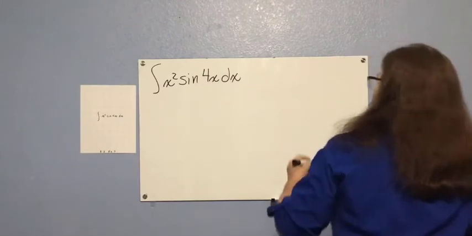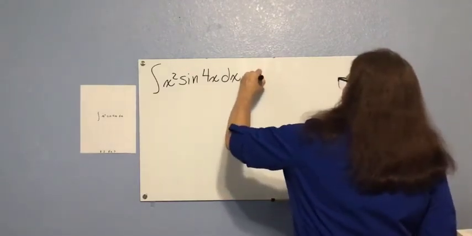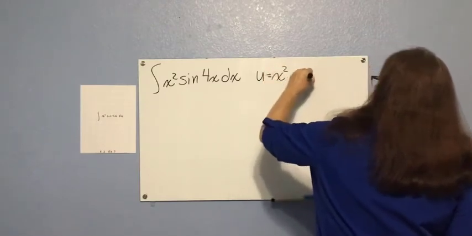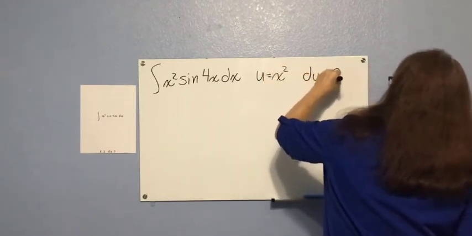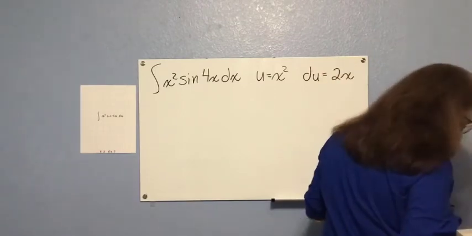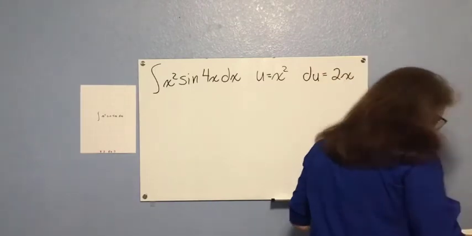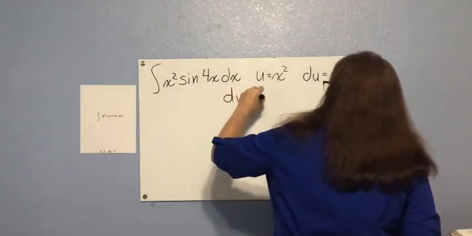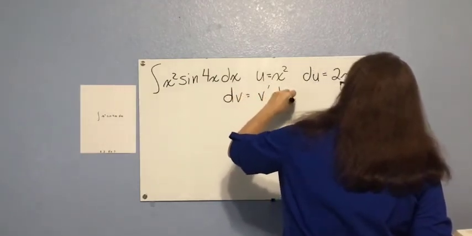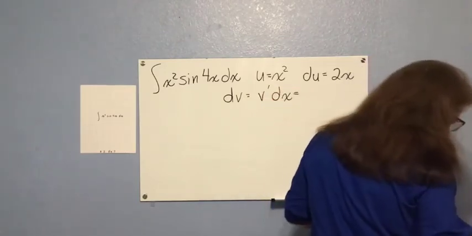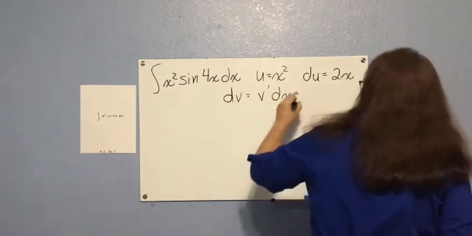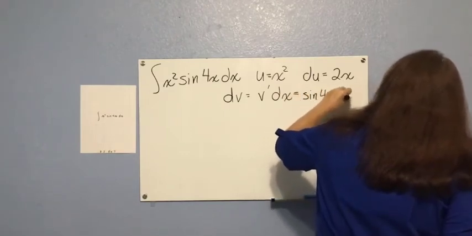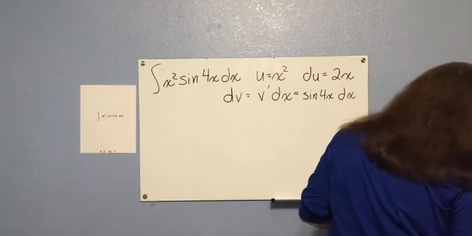Okay, as usual, we're going to start by letting u equal x squared, which means that du equals 2x. Okay, dv will equal v prime dx, which starts off as sine 4x dx.